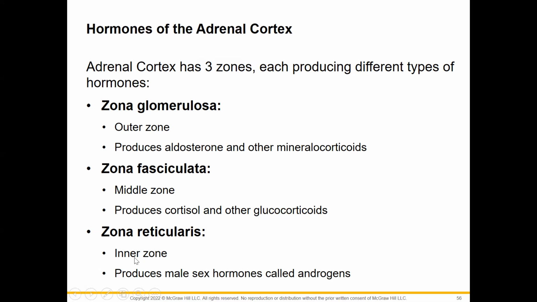This is where you start to produce your sex hormones, right? Now, it says male sex hormones called androgens. Well, the male sex hormones are called androgens, but it also produces estrogen and progesterone, which are female sex hormones.